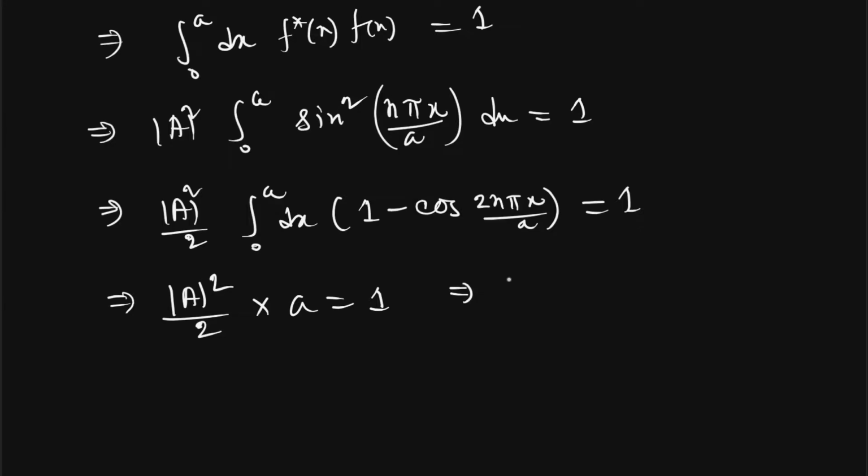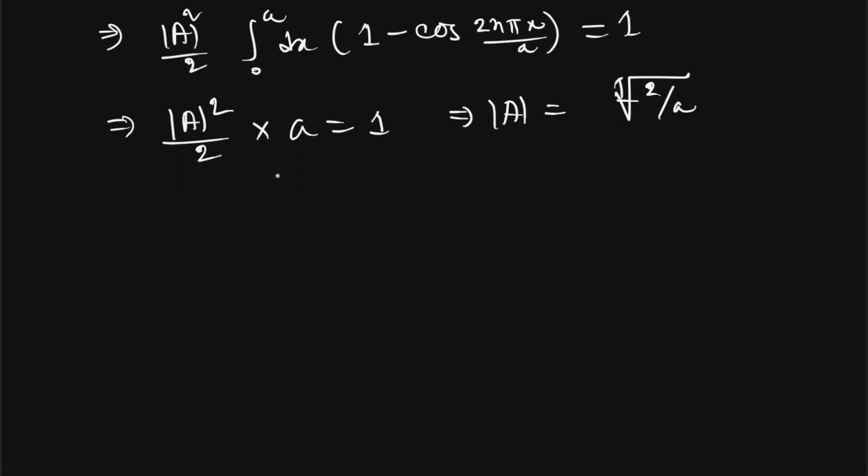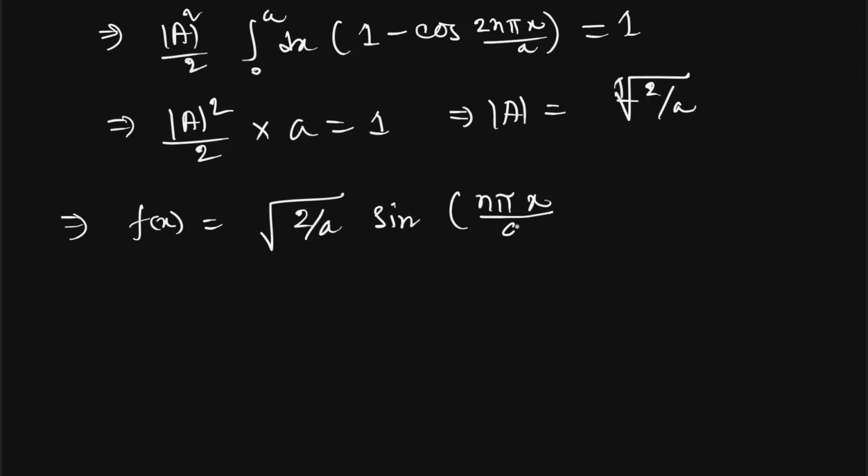That means the modulus of A will be root over 2/a. So if we consider A to be a pure real number, then ψ(x) can be written as root over 2/a sin(nπx/a).